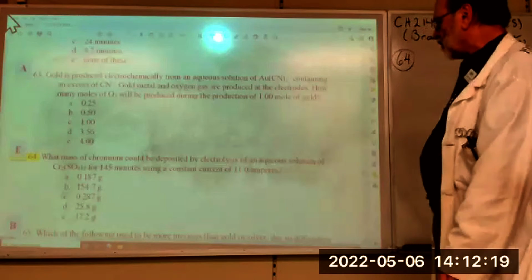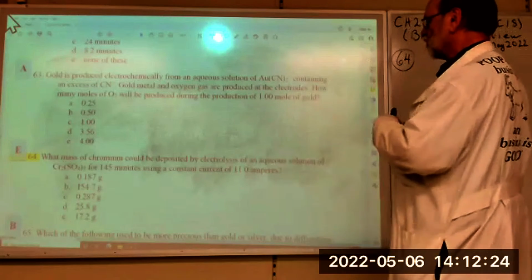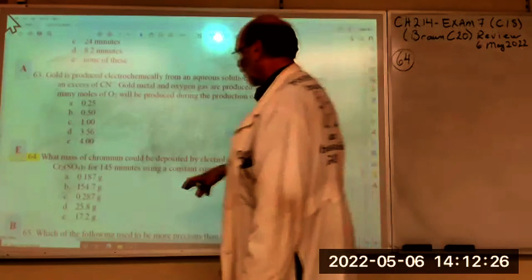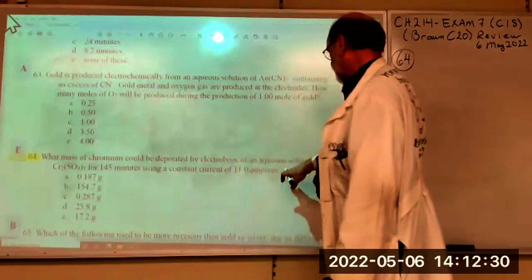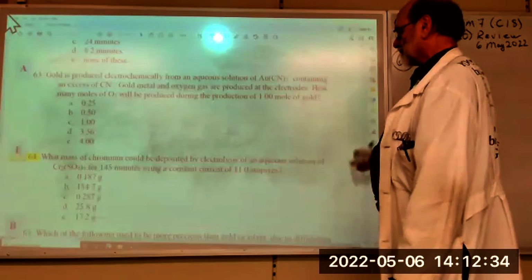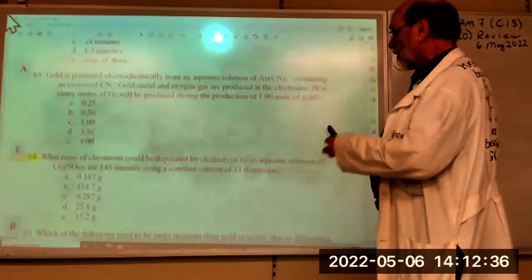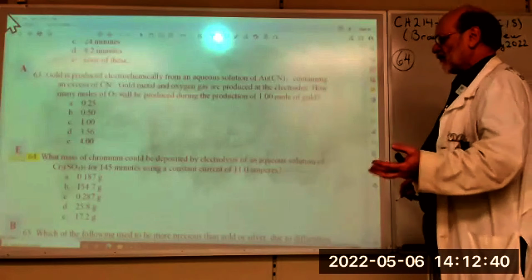What mass of chromium could be deposited by electrolysis of an aqueous solution of Cr2SO4, taken 3 times, for 145 minutes using a constant current of 11 amps? What mass of chromium? All right, so we don't care about the sulfate.